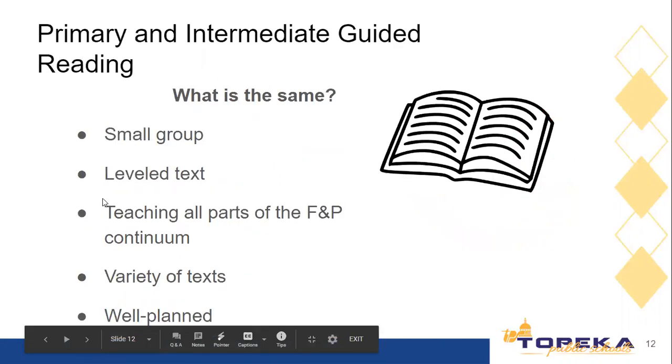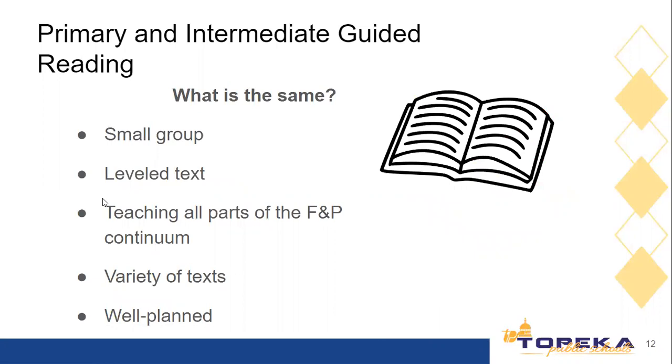Let's take a moment to look at the difference between primary and intermediate guided reading. Let's look at what is the same regardless of grade level. First of all, you're going to use a leveled text in a small group setting. You're also going to teach on all levels of the F&P continuum, which we will get to shortly, and you'll understand what the F&P continuum is.